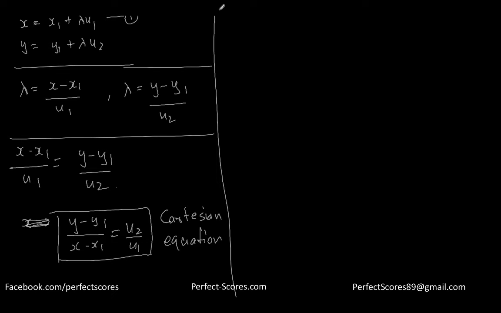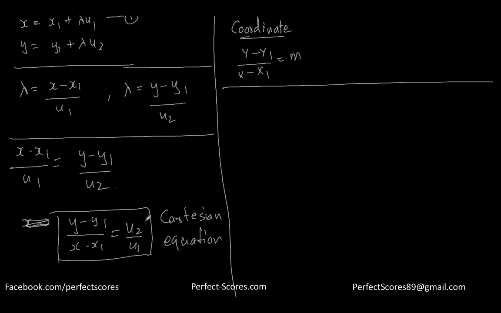Coordinate geometry says that y minus y1 over x minus x1 is equal to the slope of the line. That means the slope or the gradient of the line is equal to u2 over u1.